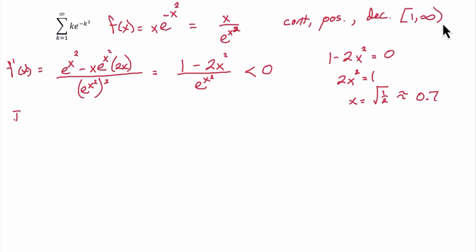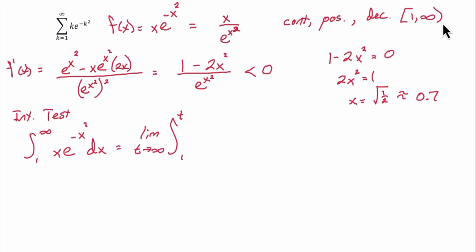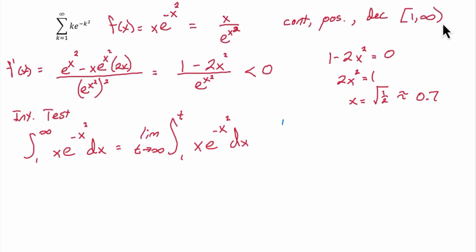Next, we'll use the integral test. We have the integral from 1 to infinity of x e to the negative x squared dx. We take the limit as t goes to infinity, 1 to t of x e to the negative x squared dx. It looks like a u sub is again going to help us, so we'll let u be negative x squared.